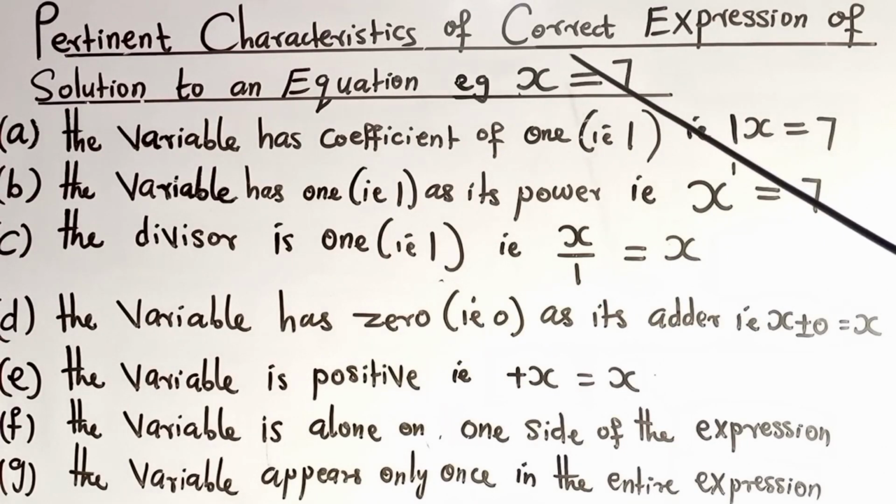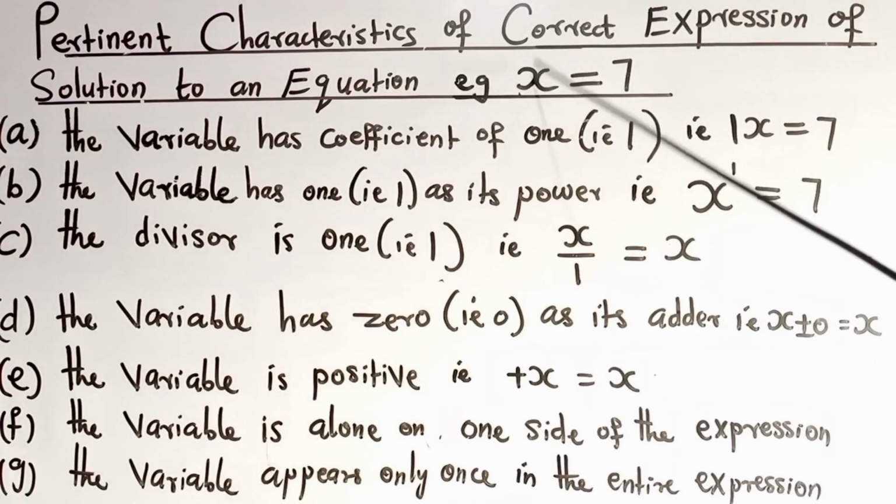It therefore means that what we have here is an extension of this x, and this x is a summary of this one we have at this point. When this expression is condensed, it gives us this x. Therefore, we say that x plus or minus 0 is equal to x.